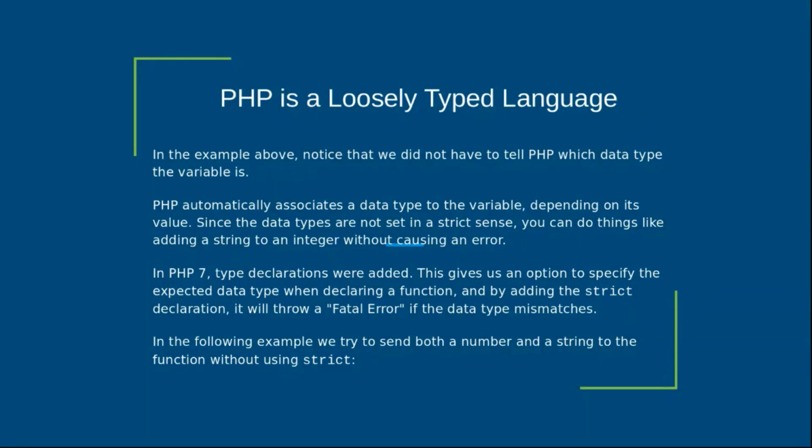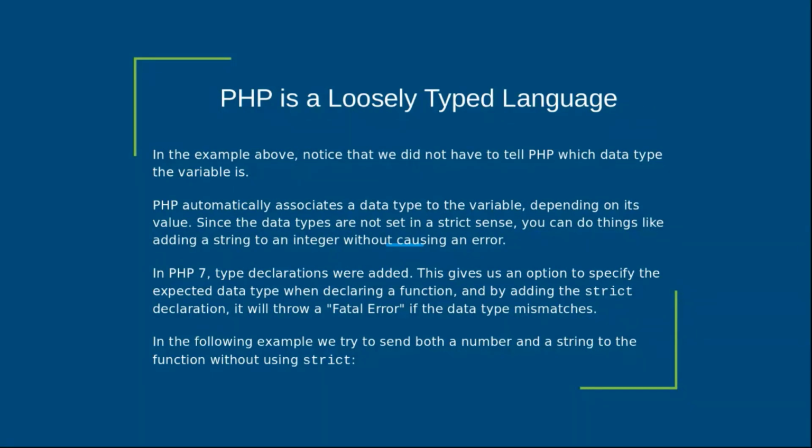Meaning that from PHP 7, you have this that was added, the function coupled with the type of arguments that can be passed in. So type declarations were added. This gives us an option to specify the expected data type when declaring a function.